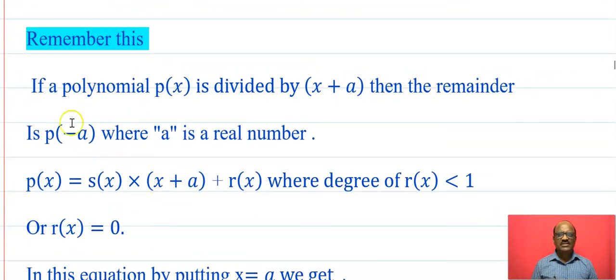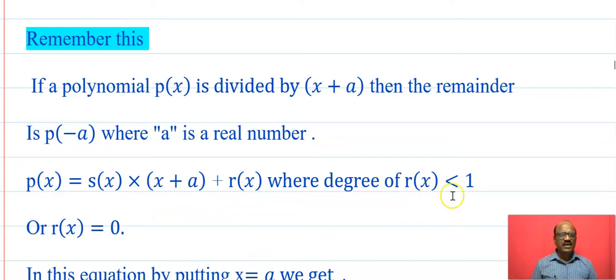See this here. Remember this. If a polynomial p of x is divided by x plus a, then the remainder is p of minus a, where a is a real number. Then you will get it in this form, that is, p of x is equal to s(x) into (x plus a) plus r(x).